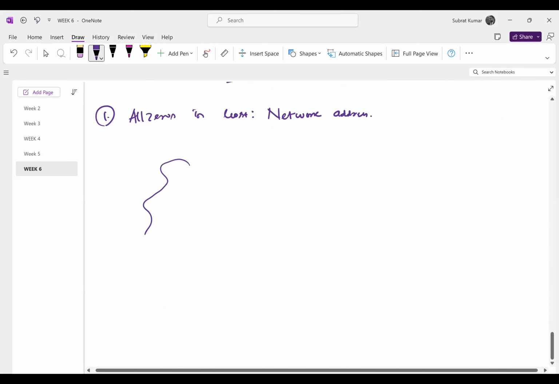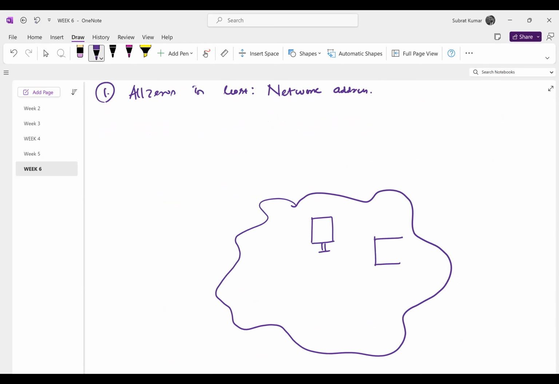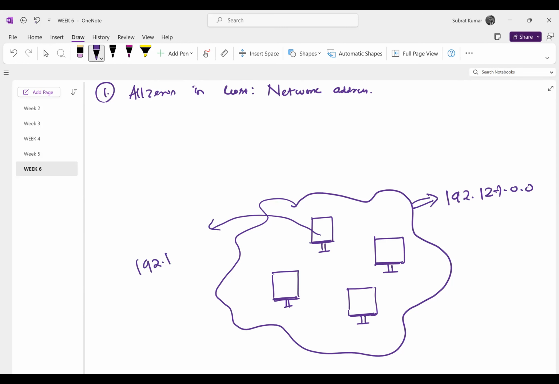If there is a network and there are a couple of hosts in it, this network has an address, let's say 192.127.0.0, and the hosts will have addresses such as 192.127.0.1, this will be 0.2, this will be 0.3, and this will be 0.4.